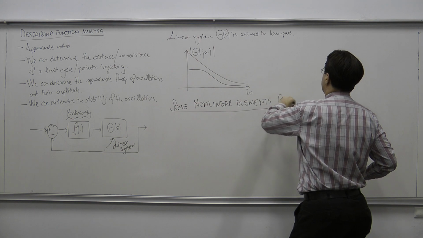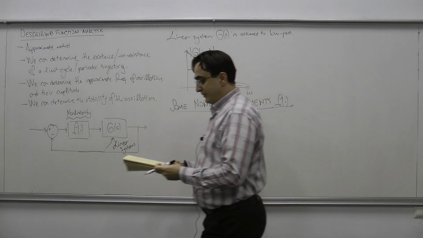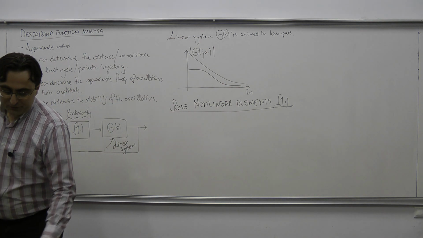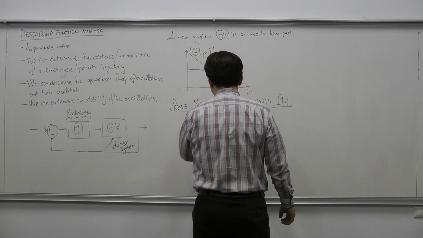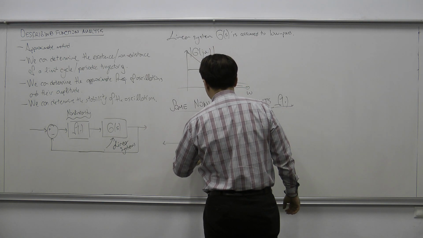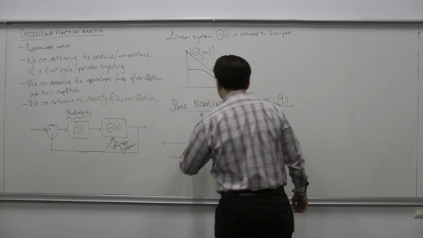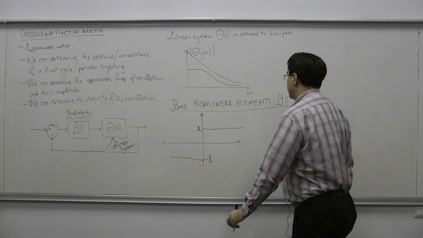Well, what we mean by nonlinear element is nothing but that function f. Okay? So the first type of element we can consider might be just a switch. So we have a switch given like this. I have here A and minus A like this.